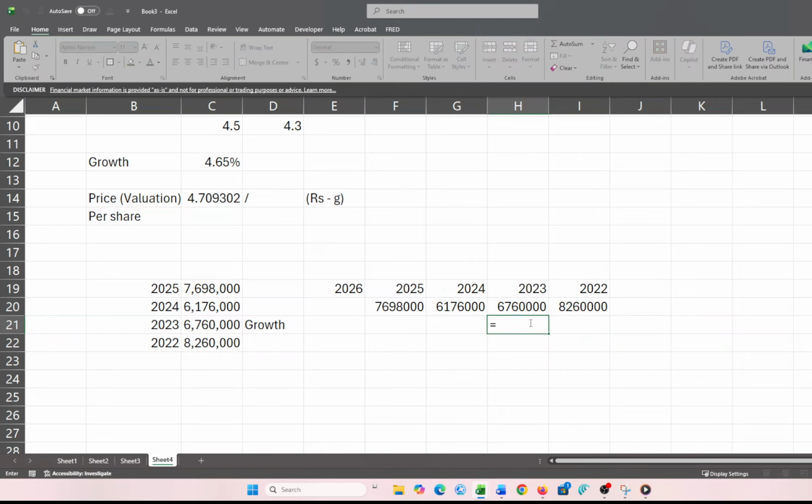I'm going to go equals, bracket, this year minus the previous year divided by the previous year. And that's going to give me a percentage. And you notice it shrunk. So we have to be careful with our estimates. I don't know if Lowe's is going to shrink by 18% again with their free cash flow. And then it shrunk again.